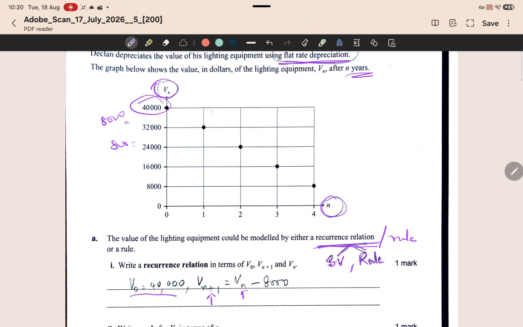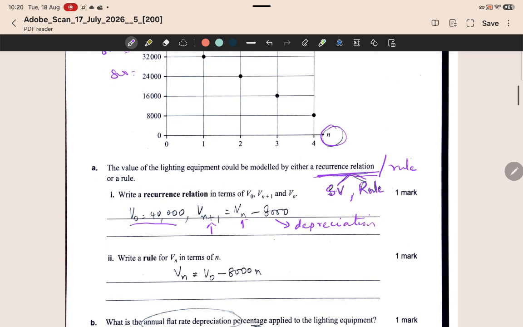And because it's going down by this constant value of 8,000 at the end of every year, this is your depreciation, and that is your recurrence relation.